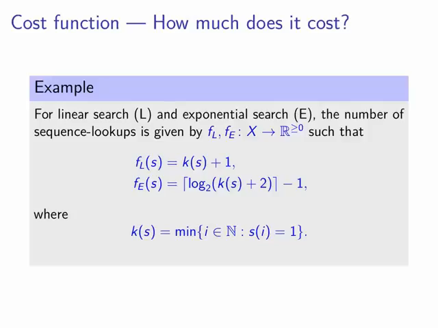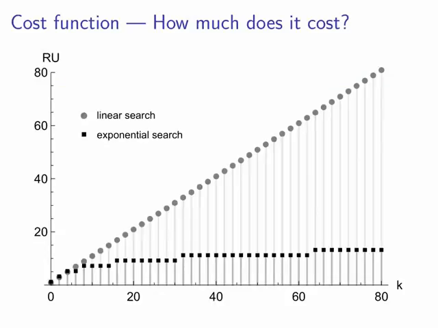The linear search is almost linear in the position of the first one, and the exponential search is logarithmic in the position of the first one. And if we draw a graph, we see that the exponential search seems much better at solving the problem.